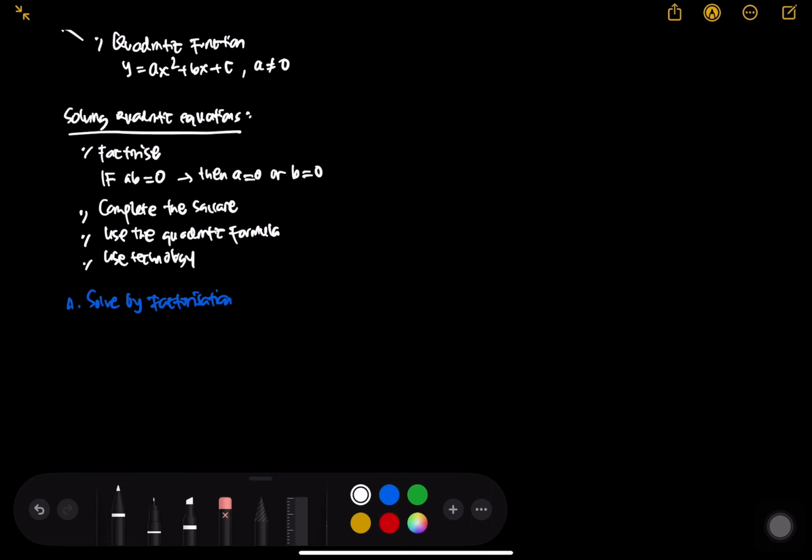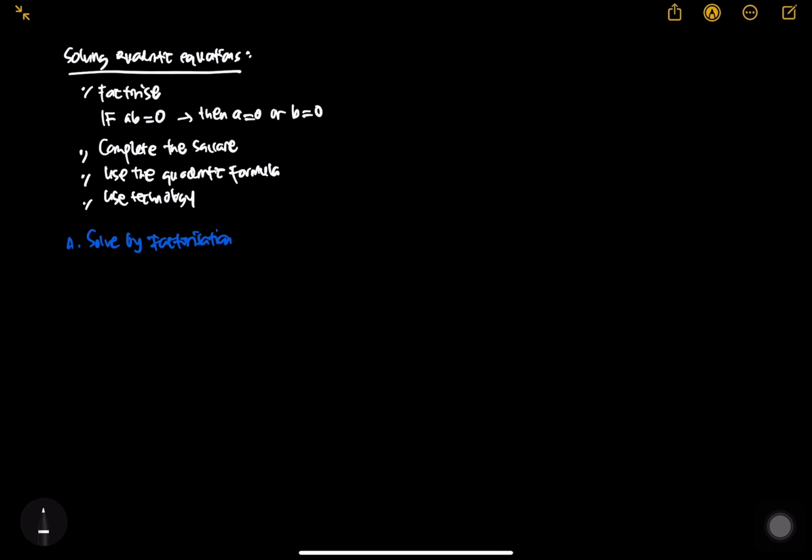If we look at solving by factorization, the first example: solve for x. A. If they give you 3x squared plus 5x equals 0, how can we find its value?